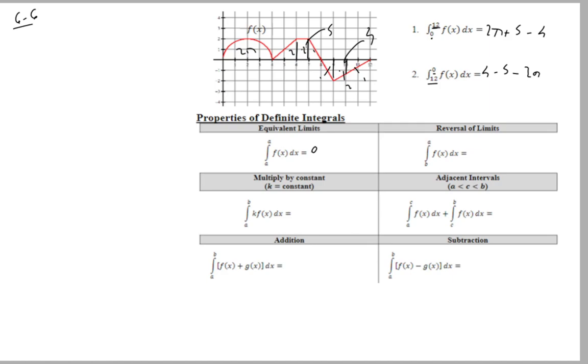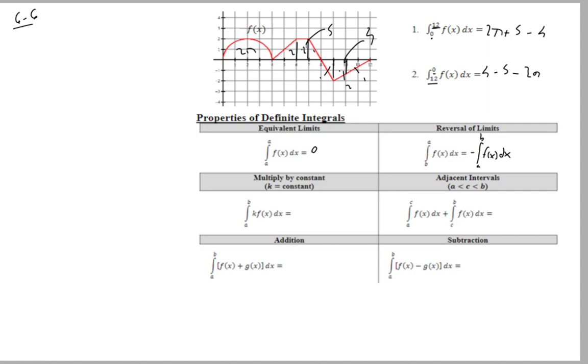The reversal of limits: the integral from a to b of f of x dx is equal to the negative of the integral from b to a of f of x dx. It's negative instead of positive, and it's b to a instead of a to b. That makes sense. It's easy. That's the reversal of limits.